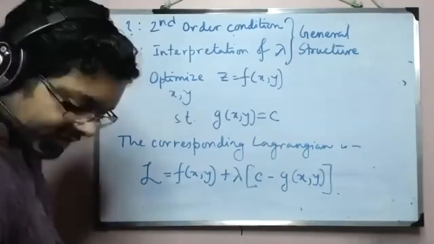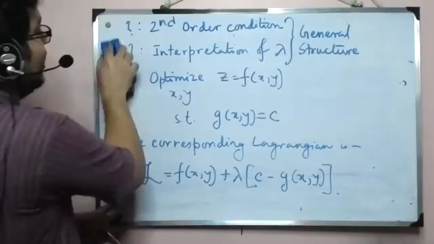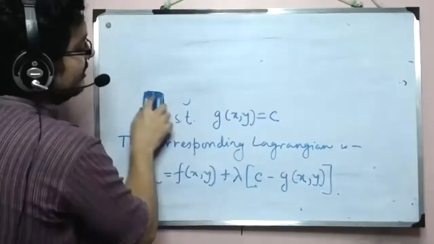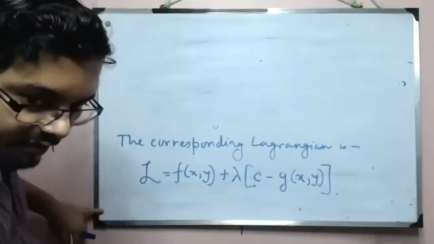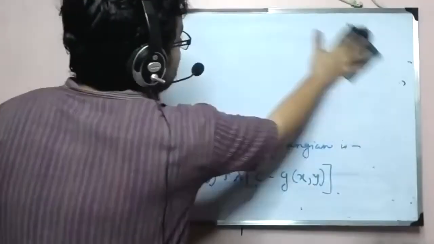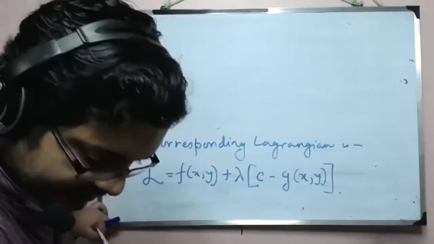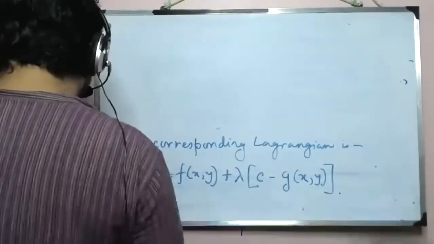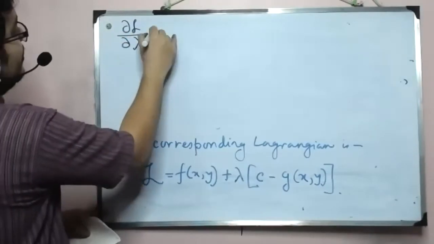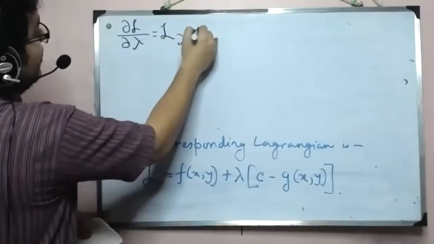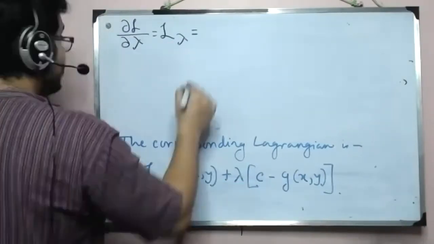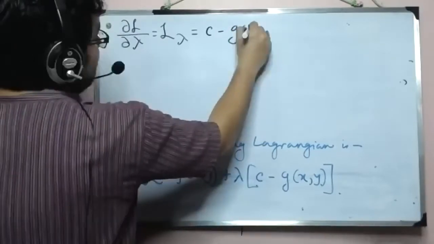And if we now move into the first order conditions, our relevant first order conditions are this. We are going to use some notation for compact writing. If I differentiate with lambda, it will give us the constraint.